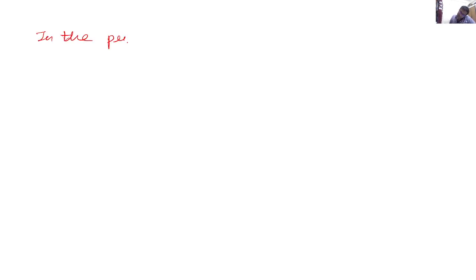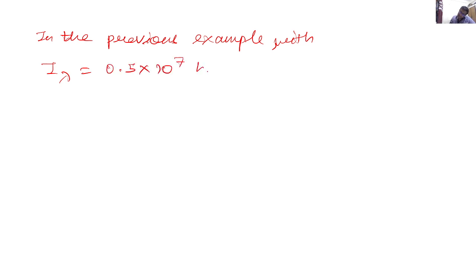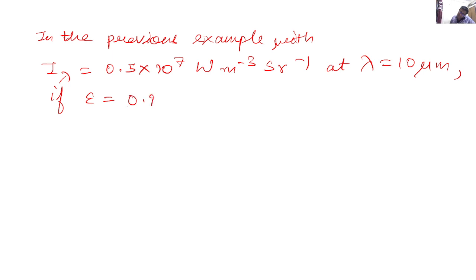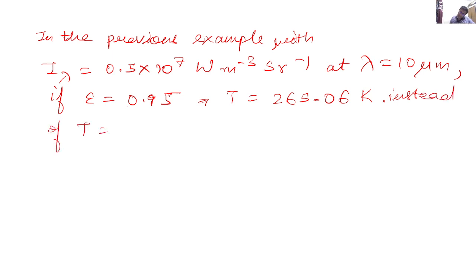Now, in the previous example, with I lambda equal to 0.5 into 10 to the power 7 watts per meter cube per steradian, centered at lambda of 10 micrometer, if we took epsilon equal to 0.95, we would get T equal to 265.06 kelvins instead of T equal to 262.6 kelvins.